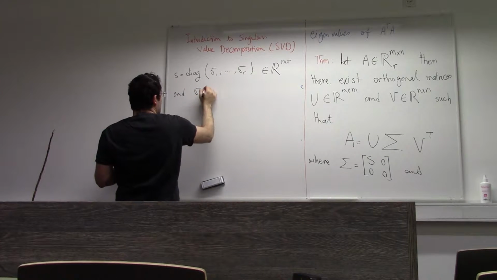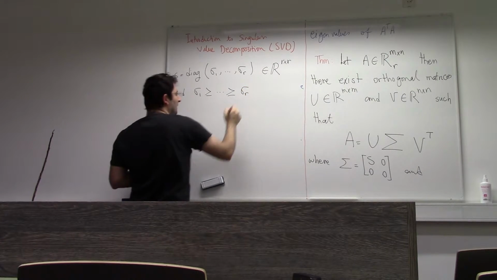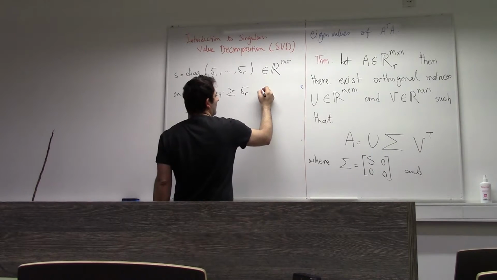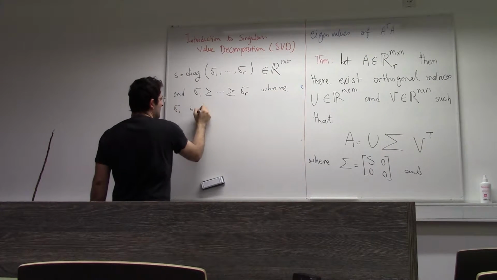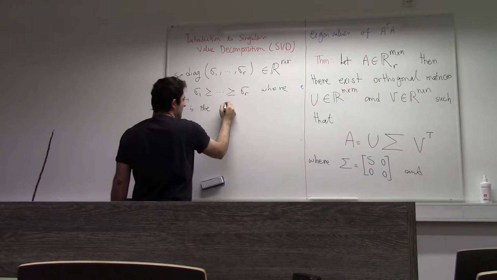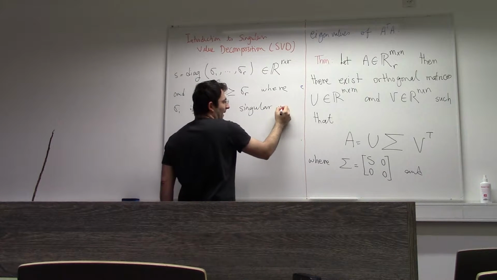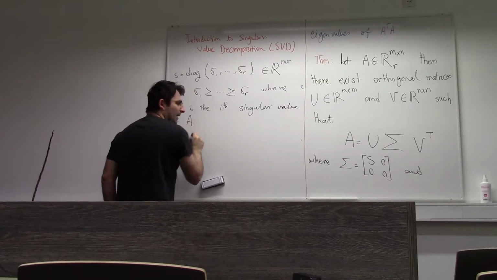The sigmas are sorted, like sigma 1 is the biggest, sigma r is the smallest, where sigma i is the i-th singular value of A.